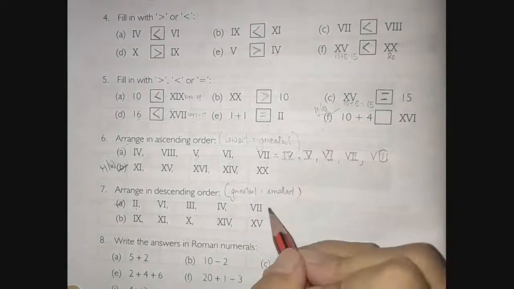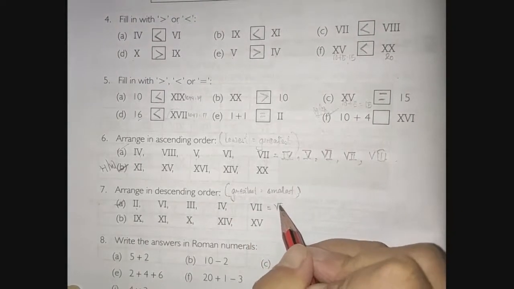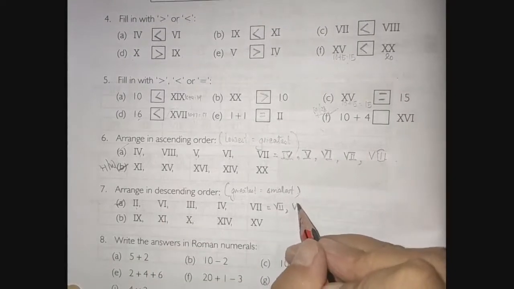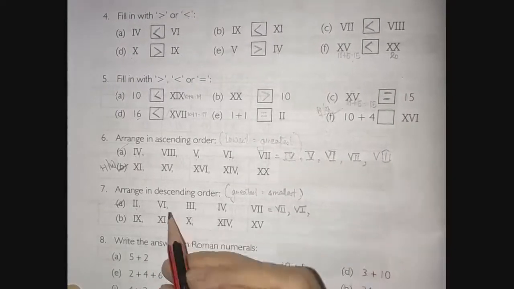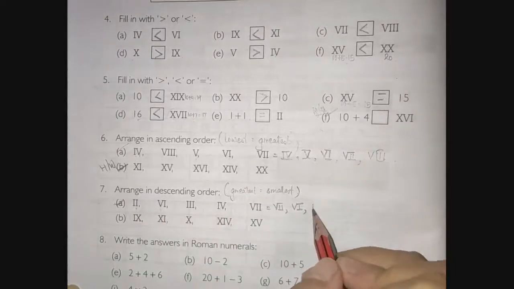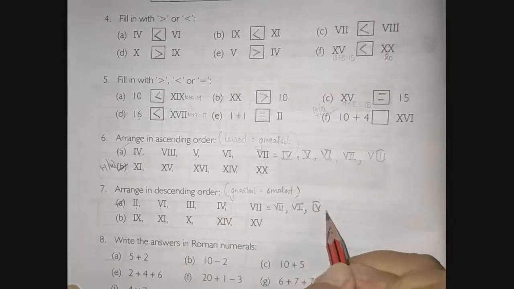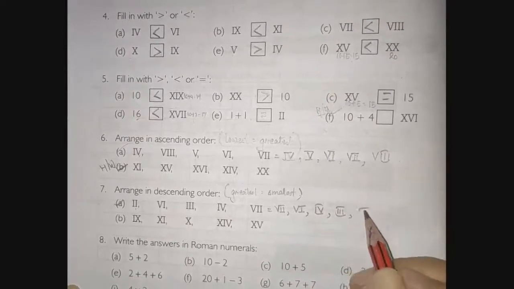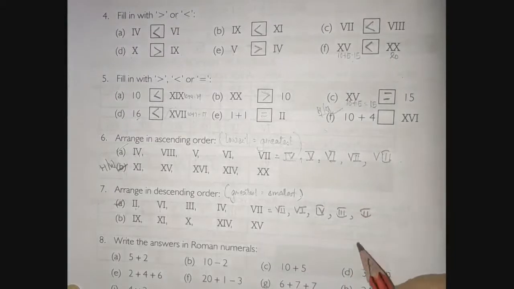Yes, 7 is the greatest. So I will write VII at first. Next is 6, that is VI. 5 is not there, so I will write directly 4, IV is 4. Then 3, III is 3. Then the last smallest number, II.